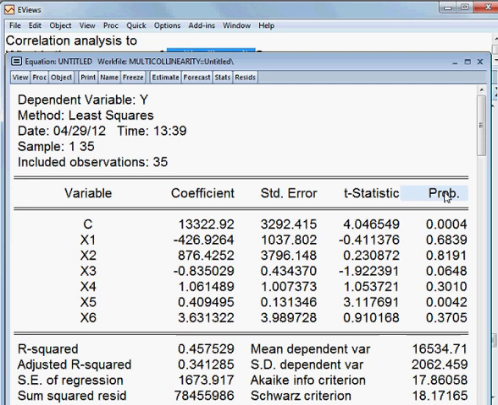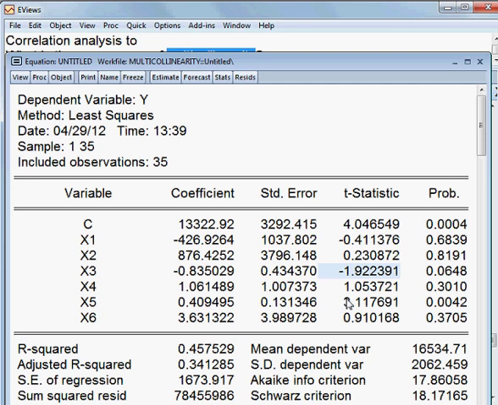I said absolute t value, meaning there is no sign; all are positive.